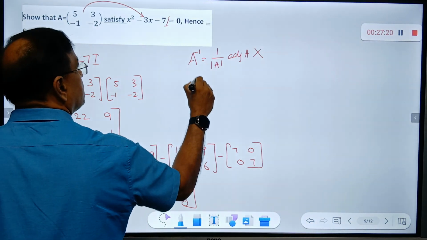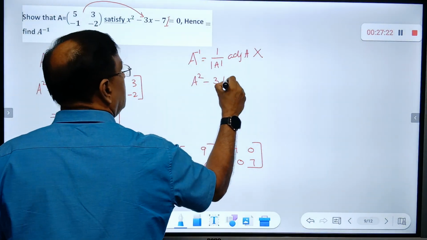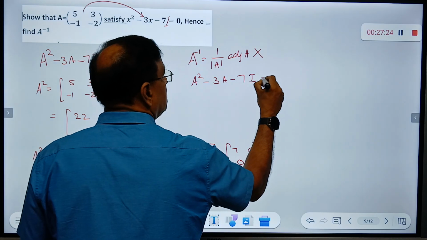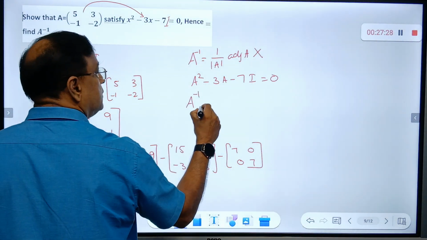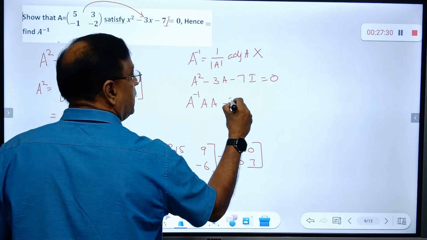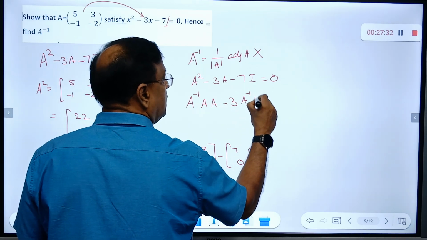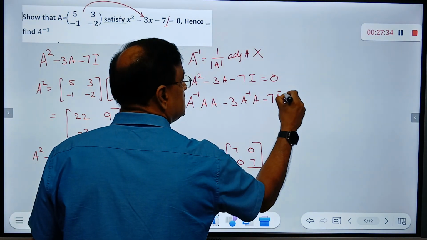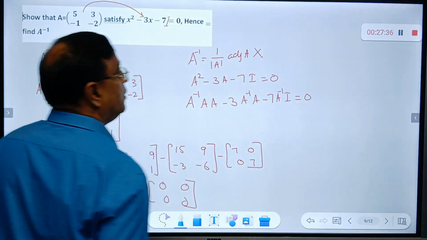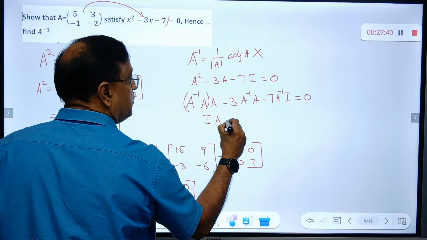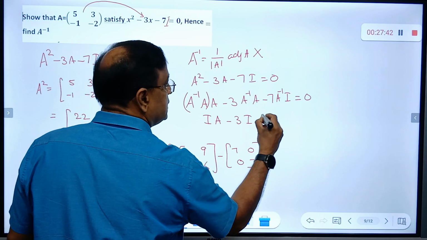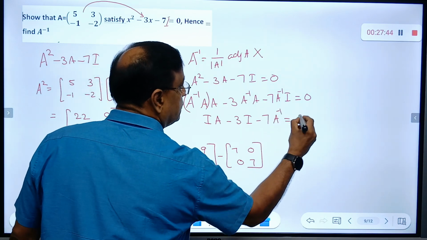You have A square minus 3A minus 7I equal to 0. Multiply by A inverse. A inverse A into A minus 3 A inverse A minus 7 A inverse I equal to 0. So by the associative property, this is IA minus 3I minus 7 A inverse equal to 0.